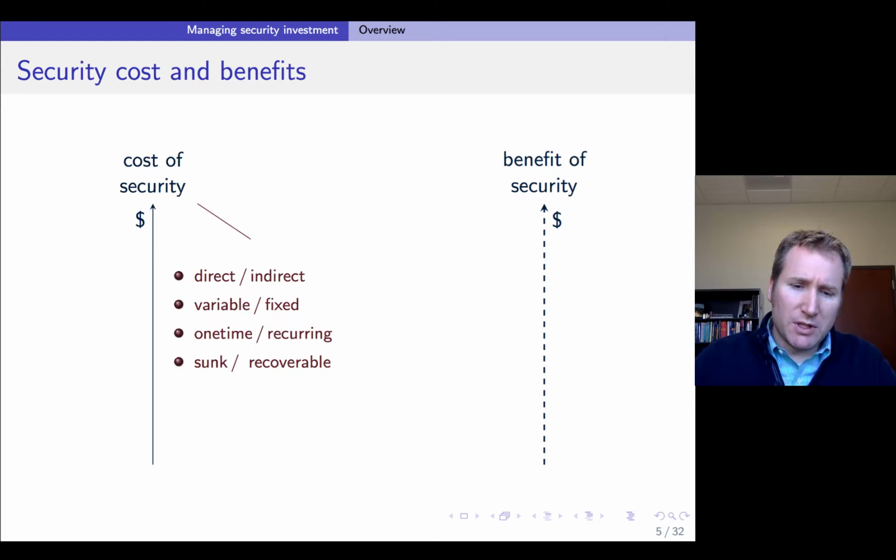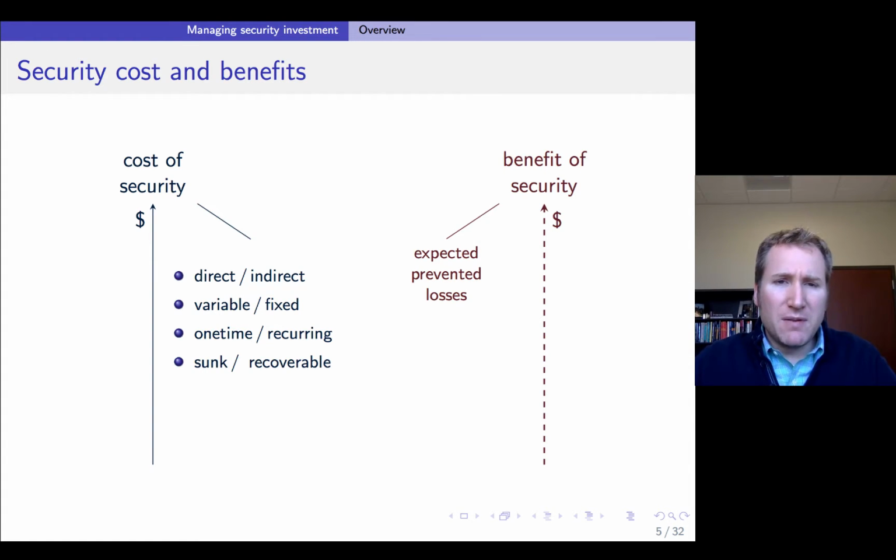So we have lots of ways of thinking about costs, but the big question is how can we consider benefits of security? You may know how much you pay for a firewall, but how can you actually quantify the benefit that firewall brings you? Well, the approach we're taking in this course is to flip the cost on its head and say that the benefit we get from security is the amount of loss that we prevent by adopting the security mechanism.